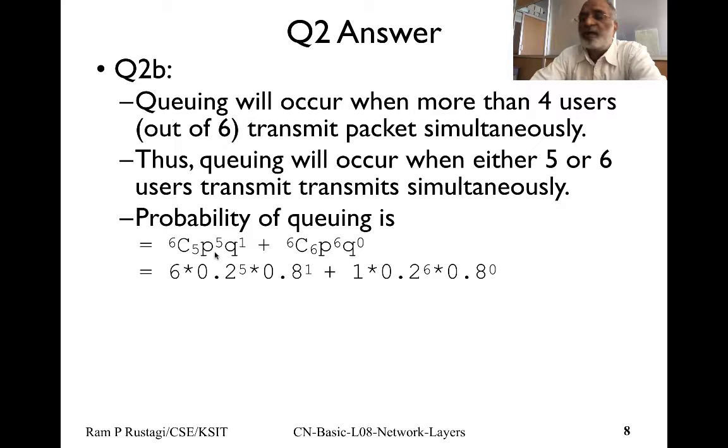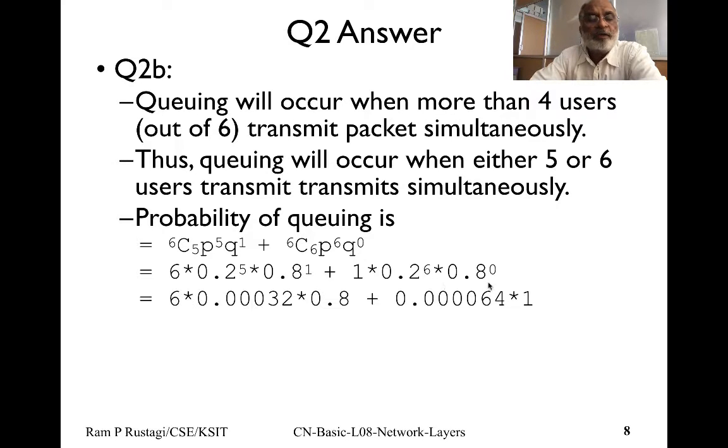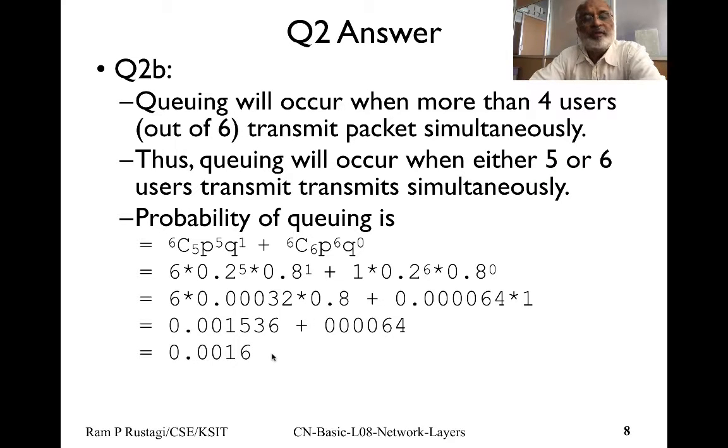And we know that the probability of a user transmitting is 20%. So 6C5, which is 6, times 0.2 raised to power 5 into 0.8 raised to power 1, plus 6C6, p raised to power 6, which is 0.2 raised to power 6, and q raised to power 0. So this answer would basically give you 0.0016.